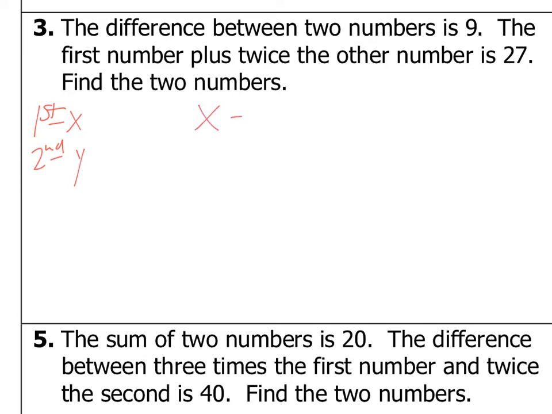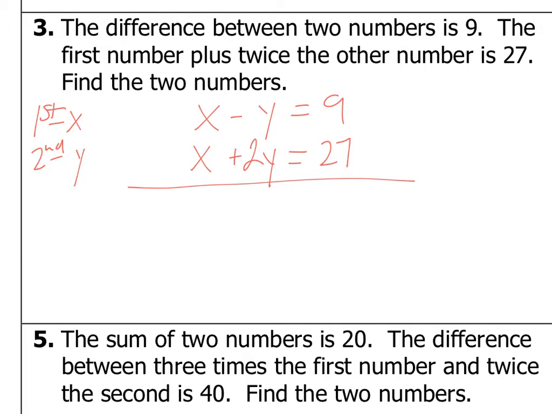I believe I could write that as x minus y equals 9. First number plus twice the other number is 27. So the first number, if I add that to twice the second number, is 27. Again, solve however you'd like.